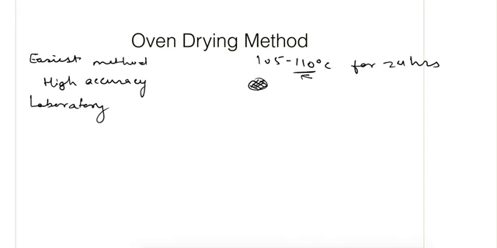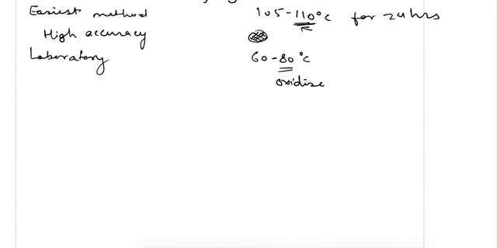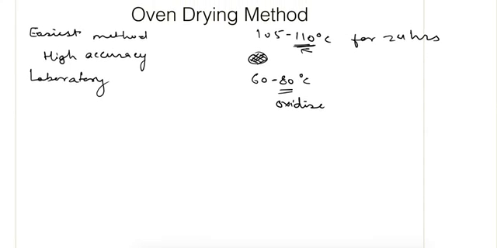So we need to limit our temperature up to this value, and if it is a sample of organic soil, then the temperature should be between 60 to 80 degrees Celsius, because if we go beyond this temperature in this case, then whatever organic matter is there starts to oxidize. So we need to take care of these things, and we can simply do this test.